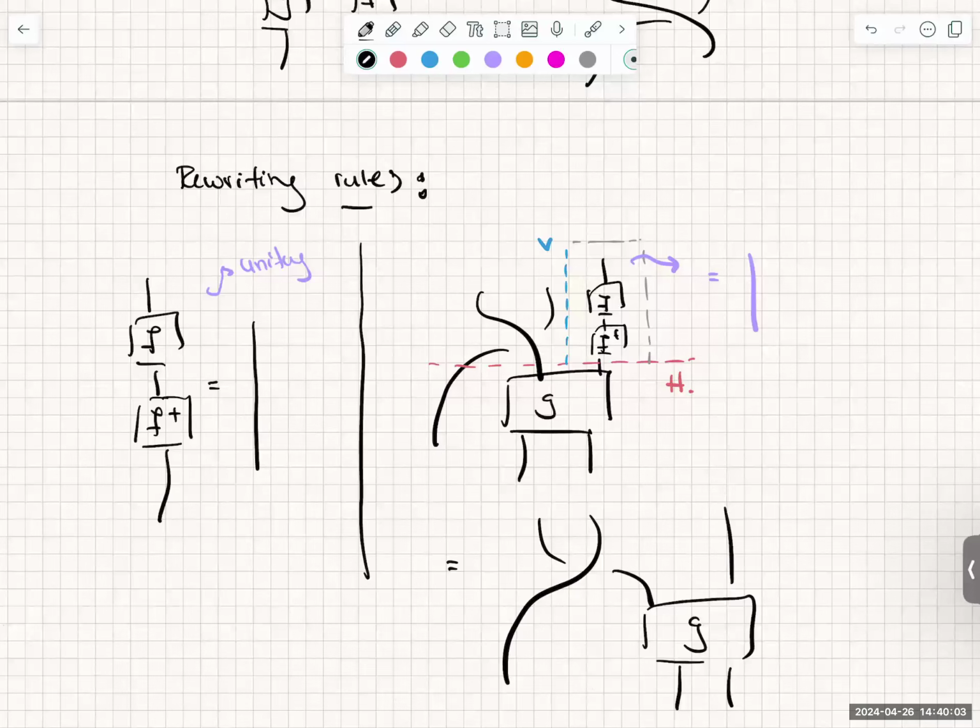When I look at this diagram here, it is the result of horizontal and vertical compositions, say. So it's a good point to illustrate what we were talking about.